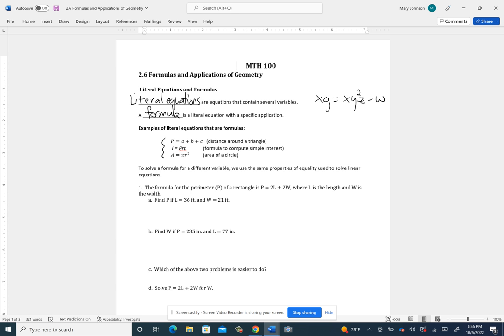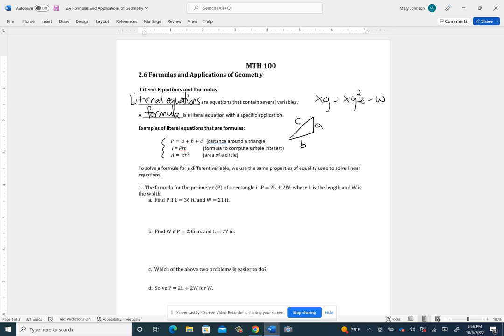A formula is a literal equation that does have a specific application. I just put a couple of them down. Like the perimeter of a triangle: if you have a triangle, it has 3 sides, A, B, and C. The perimeter would just be the distance all the way around the edge, so you add up A, B, and C. The second example is the formula for calculating simple interest, which is the type of interest used a lot of times on car loans.